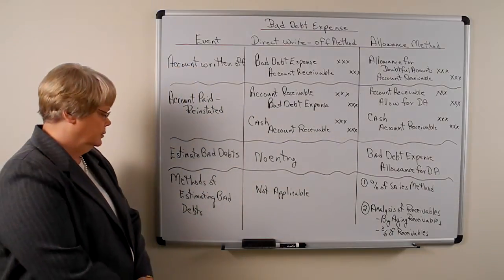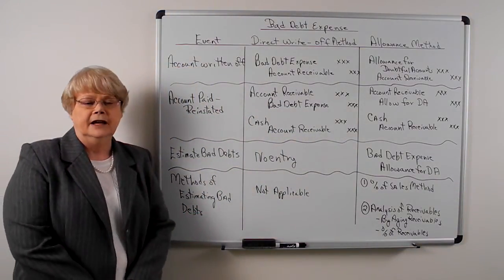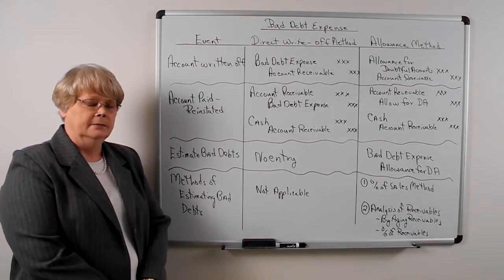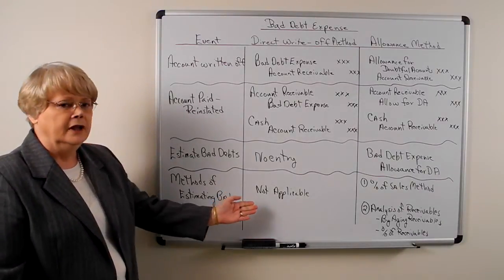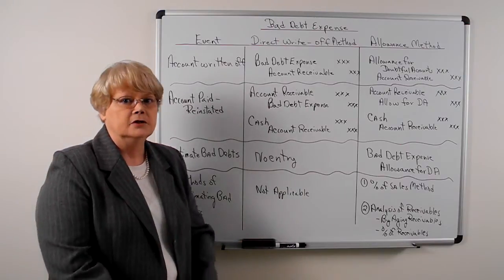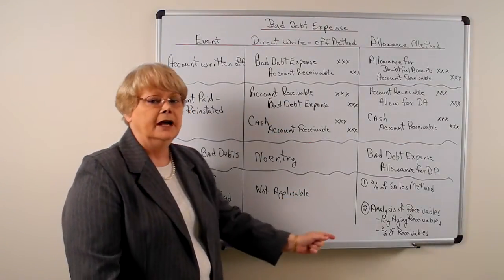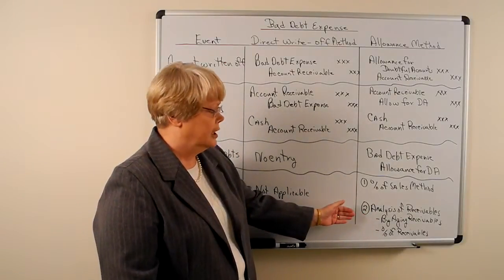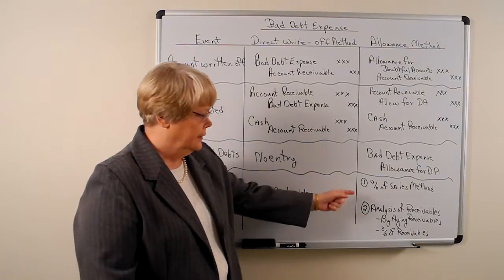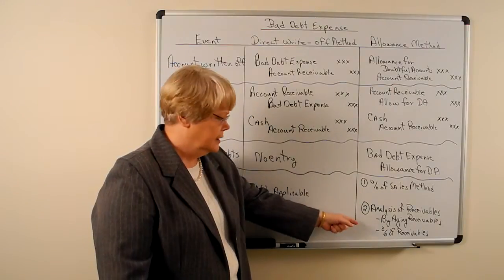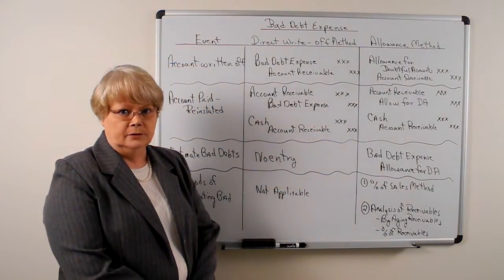Okay? Now, the next thing I have is methods of estimating bad debts. We're not going to do that under the direct write-off method because we're not going to make that entry. But under the allowance method, we do have two ways that we're going to make that estimate, and that is the percentage of sales and the analysis of receivables.